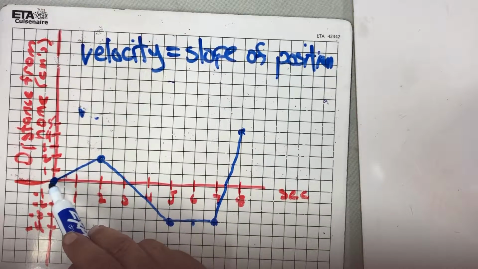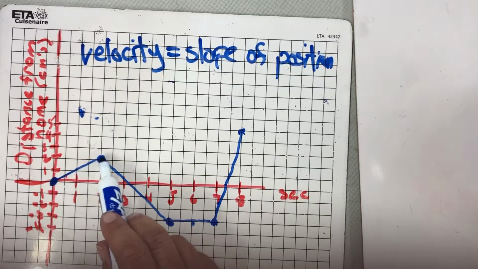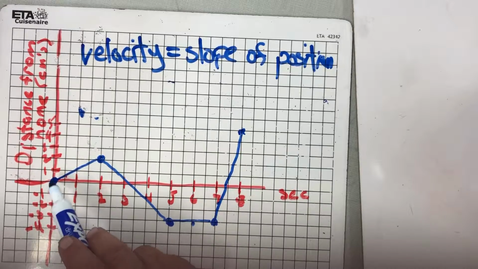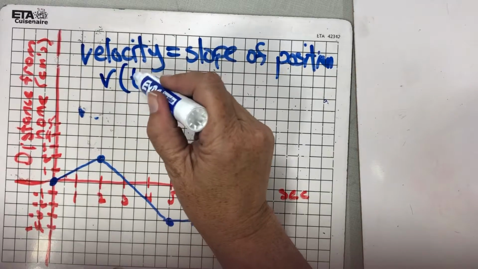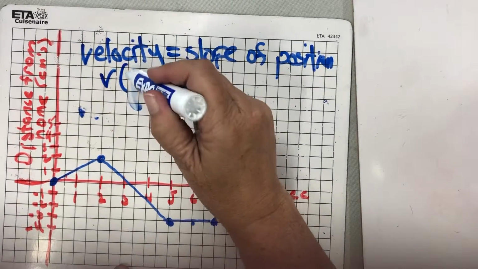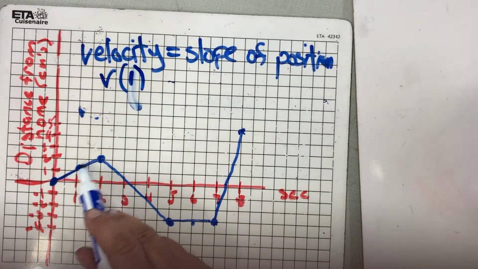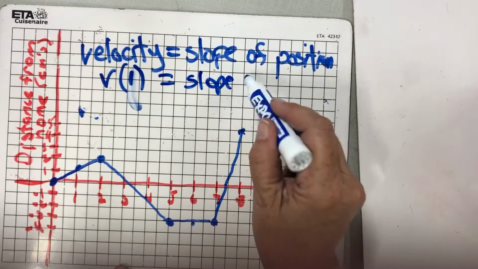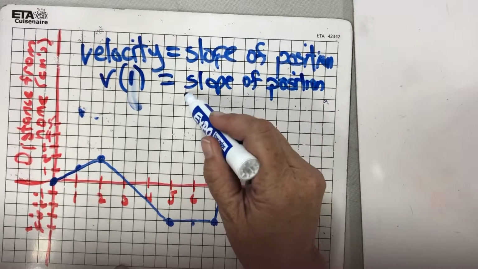So if I said, what's the velocity from 0 seconds to 2 seconds, or from 1 to 2, anywhere along this line, the velocity is a slope of 2 over 2. So the velocity at, let's just say at second 1, if I wanted to know the velocity right here, I could look at the slope of this line, and if I figure out the slope of that line, it's 1.